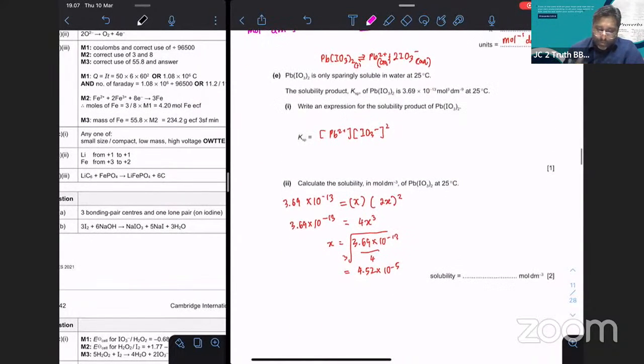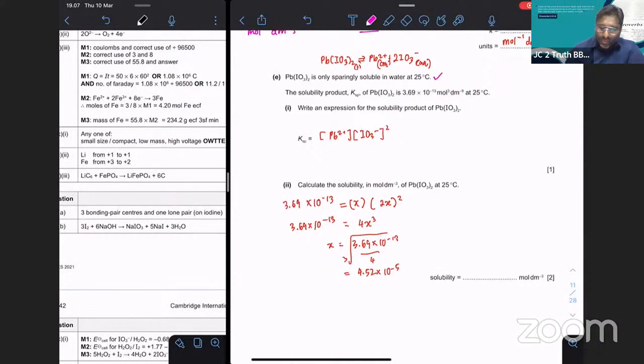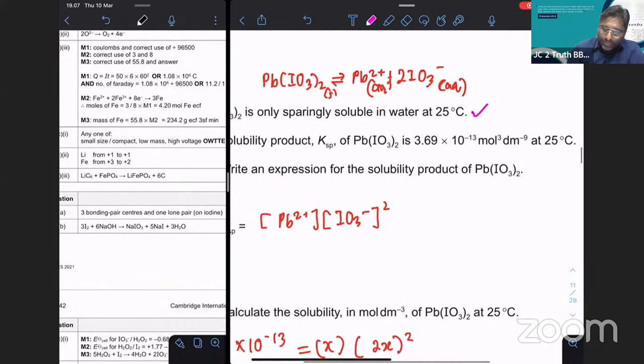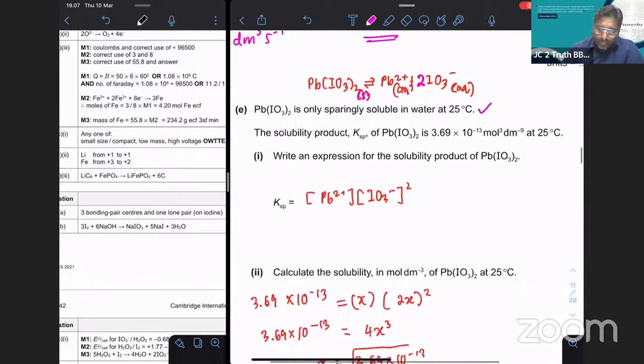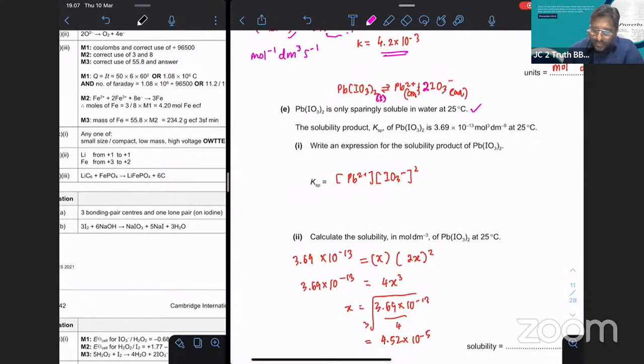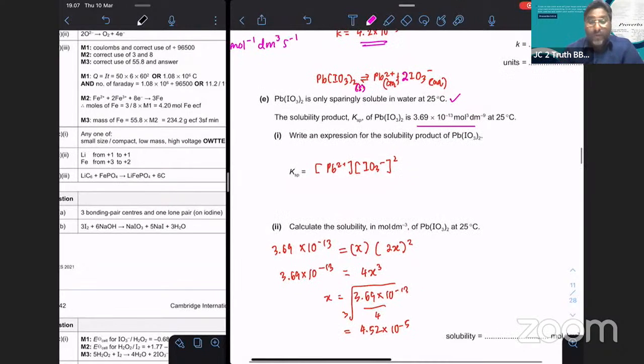For part E, PbIO3 is only sparingly soluble in water at 25 degrees Celsius. If you want to write the equation, you write it like this: PbIO3 solid, which is sparingly soluble. They ask you to write the expression for the solubility product.